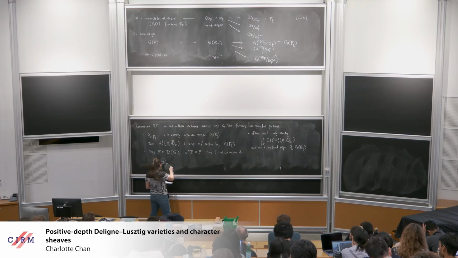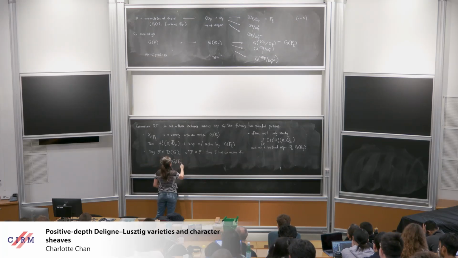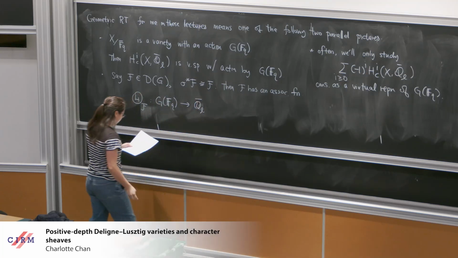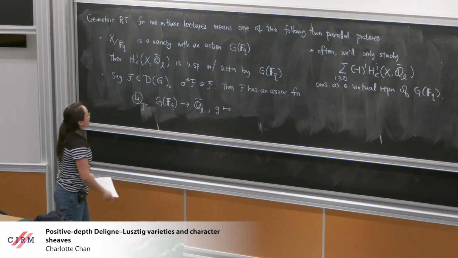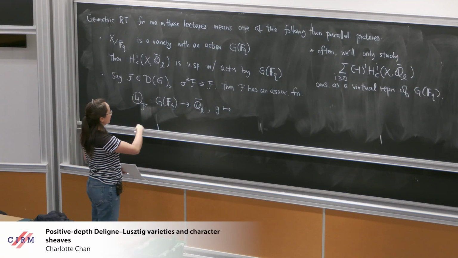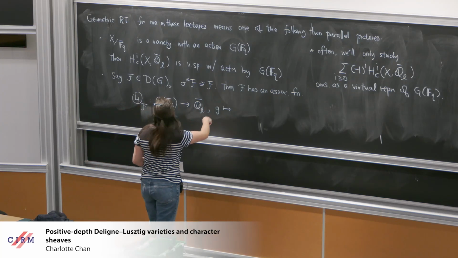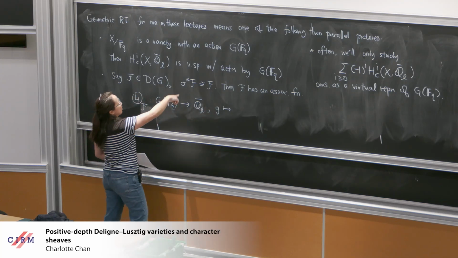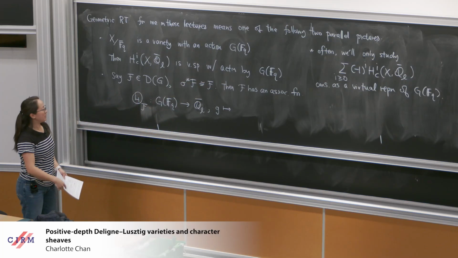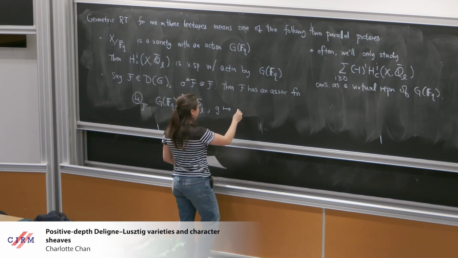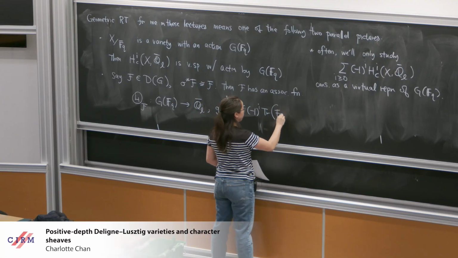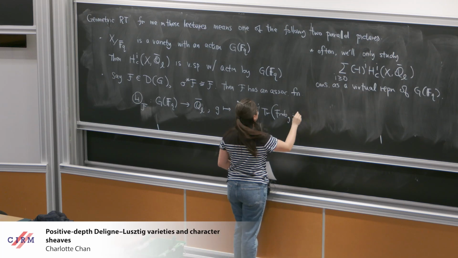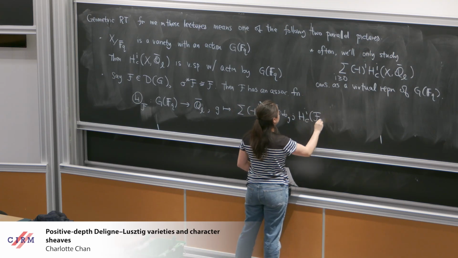Okay. And this is given by, if I take an FQ point, then the associated geometric Frobenius acts on the stalk of this F here, and so that means that I can take its trace, and that's what this says: Frobenius at g acts on the stalk of F at g.